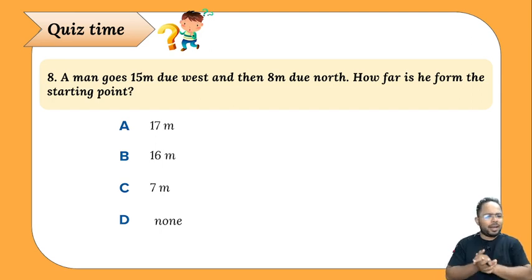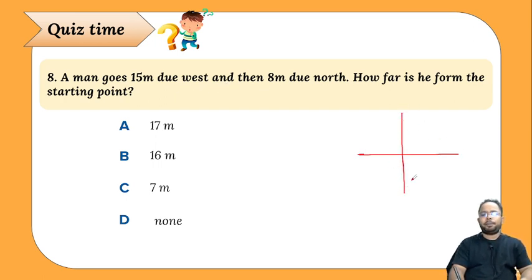Chalo. A man goes 15-meter due west and then 8-meter due north. Okay. So, how far is he from the starting point? एक आदमी है जो 15 मीटर वेस्ट की तरफ जाता है and then 8 मीटर नॉर्थ की तरफ.